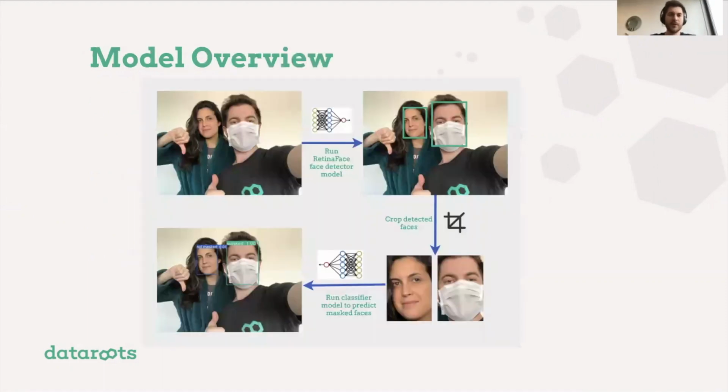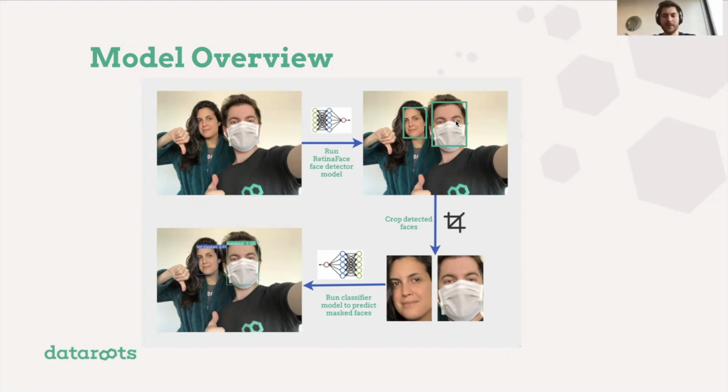So let's first start with the model overview, the general model workflow. Our model accepts an input image like this, and then this input image is passed to the face detection algorithm. The face detector detects the faces in the given input image; these two faces are detected.